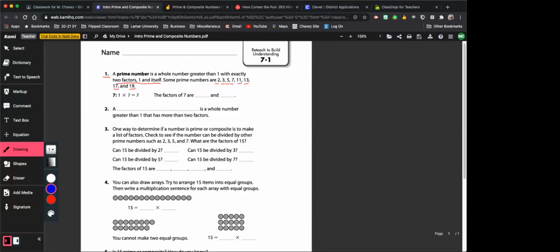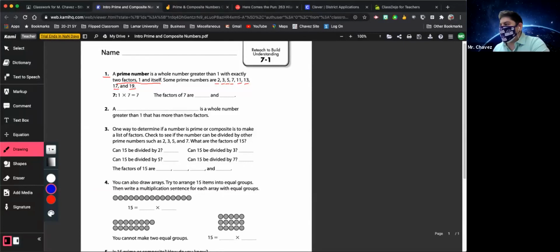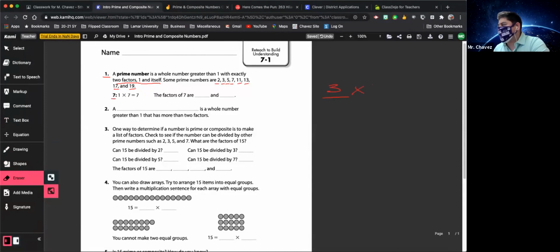Mm-hmm. So like right here, you see what they did here? They're trying to give you factors of 7. They're trying to show you, here are some factors of 7. That's why you see the number 7 in bold right here. They call this making factors. And again, factors, in case you're forgetting, are the two numbers that you're multiplying.